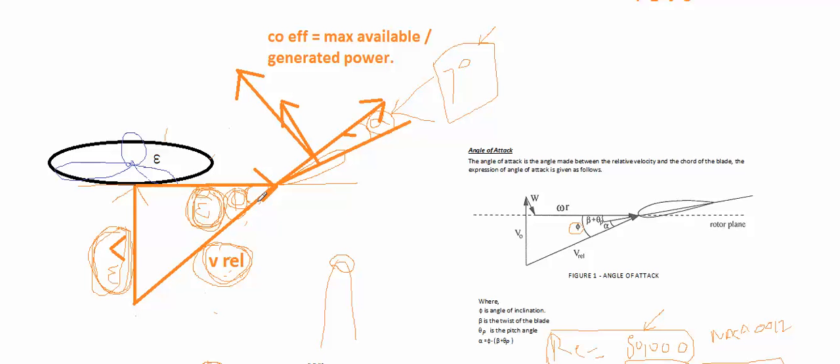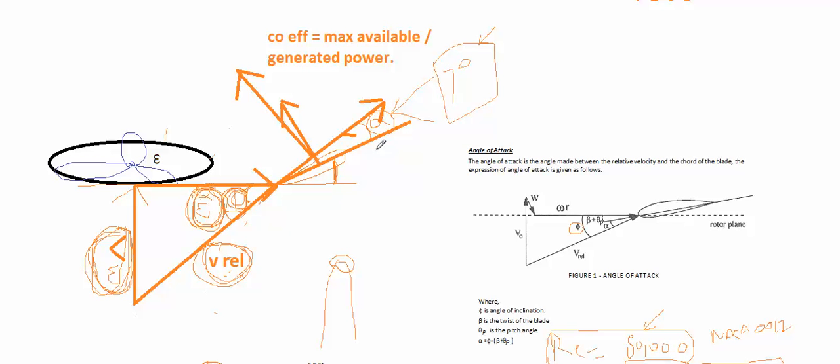So somehow we want to control this angle. If somehow we can control this angle with respect to the change in wind speed, that means with respect to the change in phi, the angle of inclination, we can maintain our objective, which is to have the angle of attack at 7 degrees.